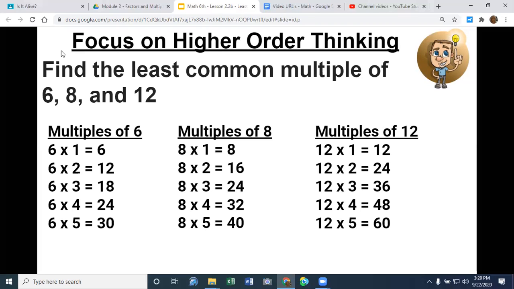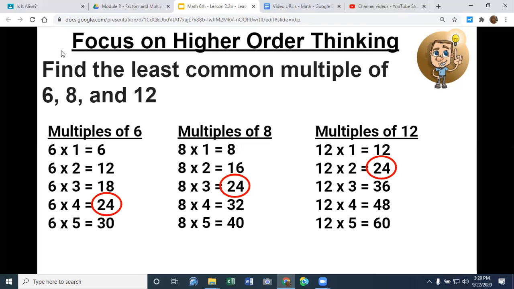Do we have a match? But they have to be a match for all 3 numbers. Do you see a multiple that is in all 3? I do. Did you say 24? Then you are correct. 24 is the least common multiple of all 3 numbers, 6, 8, and 12.